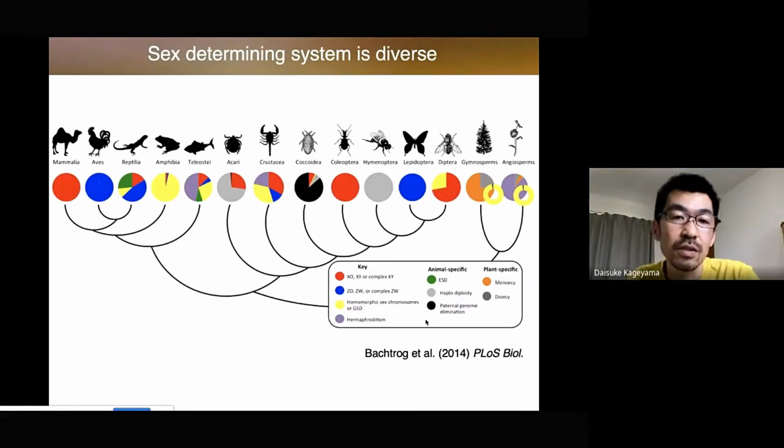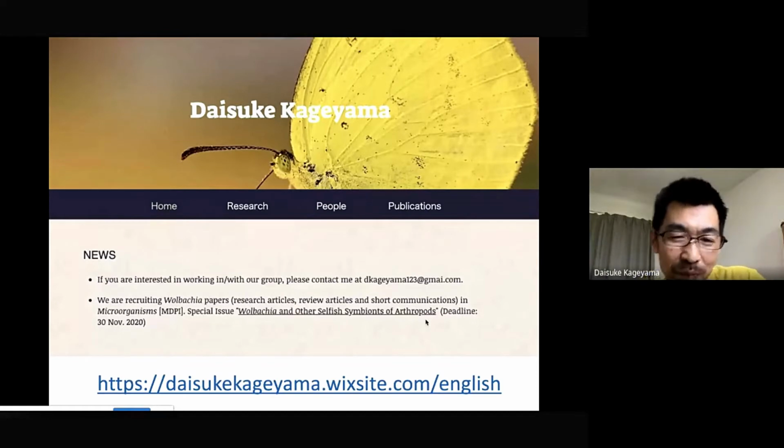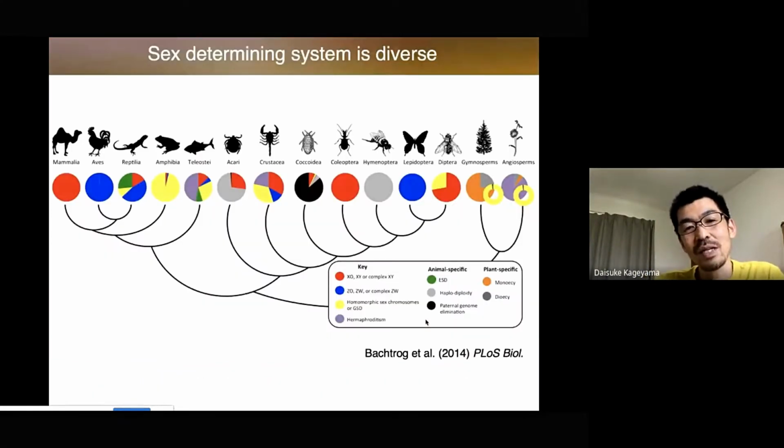So as you can see, the sex determining system is diverse. A diverse system can be evolved. This may partly be explained by endosymbionts. Sorry, my explanation is a bit complicated, but Wolbachia can also cause many different effects on the biology of its host, such as speciation.